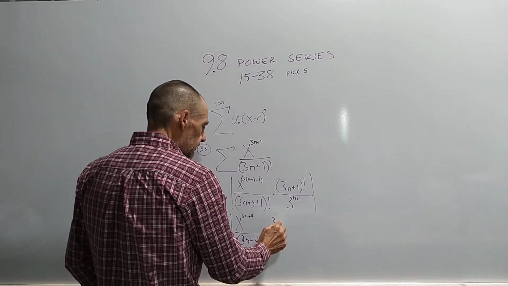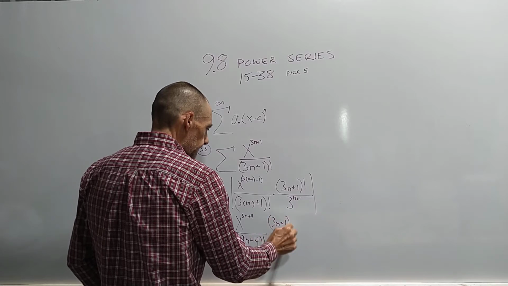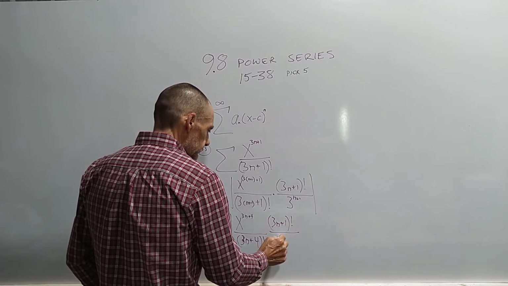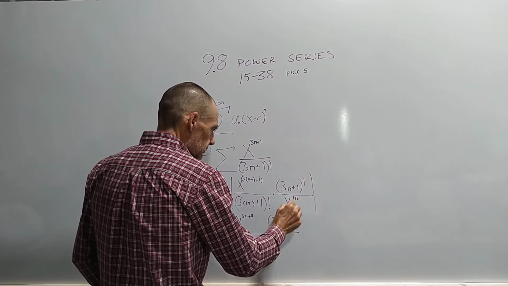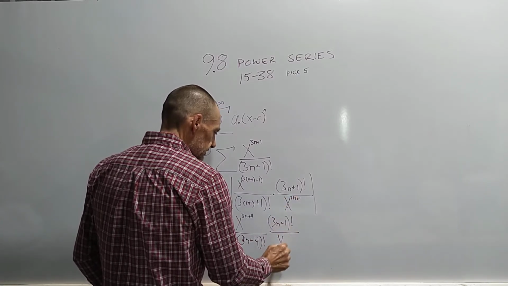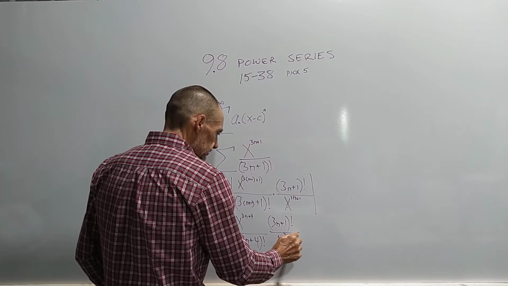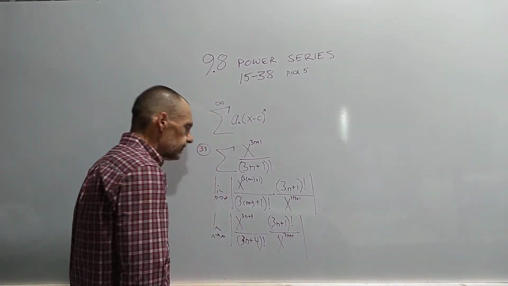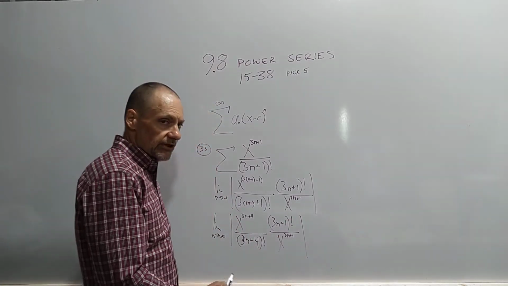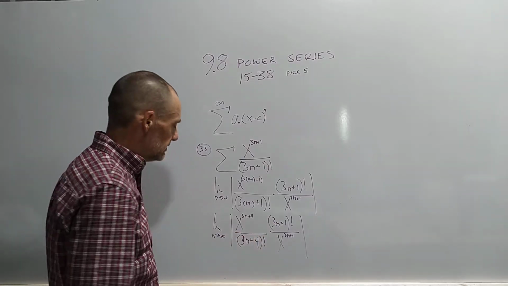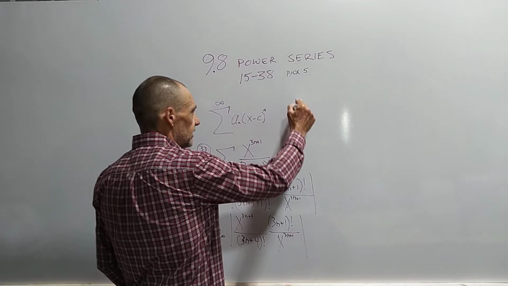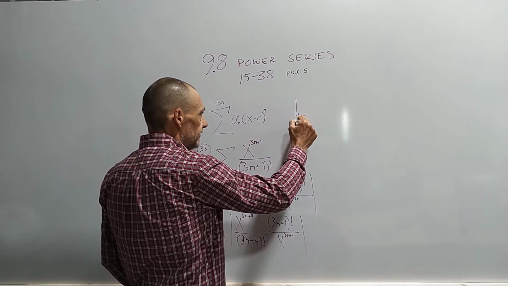And then here we have (3n plus 1) factorial over x to the 3n plus 1. Now, the whole idea behind using the ratio test is that we have to be able to cancel some stuff, and the way it's written right here, it's kind of hard to see. So let's rewrite this stuff.